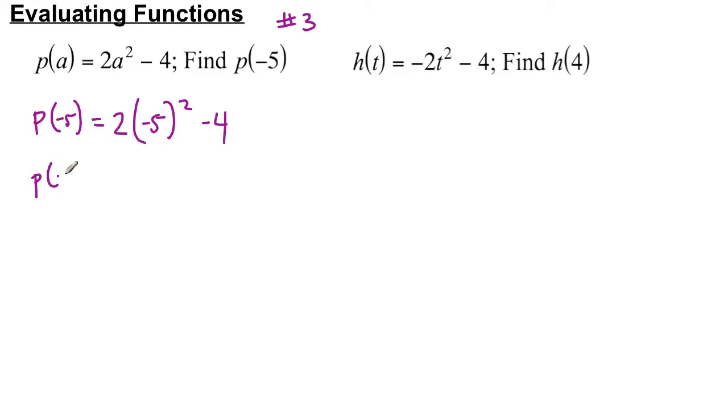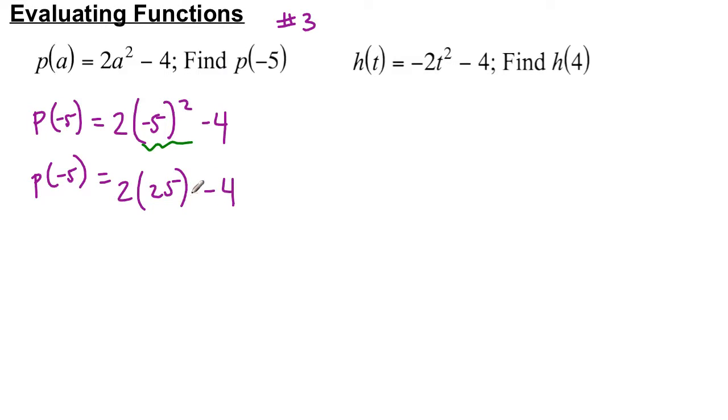So p of negative 5 is equal to, now what's going on here? Let's look at this part. Negative 5 squared, remember, is negative 5 times negative 5, which is positive 25. So we have 2 times 25, minus 4.